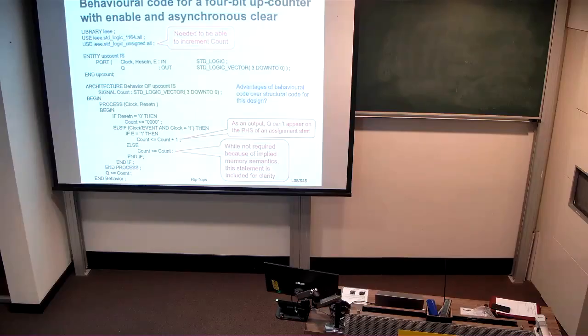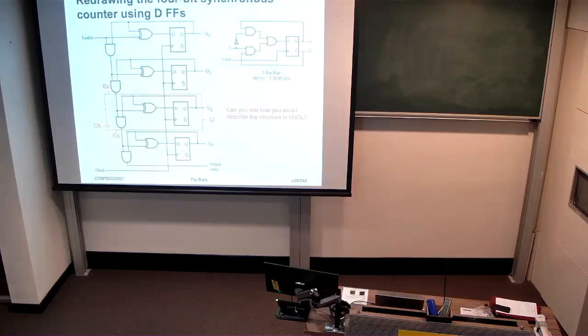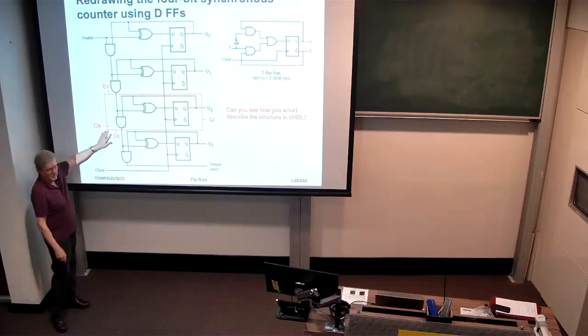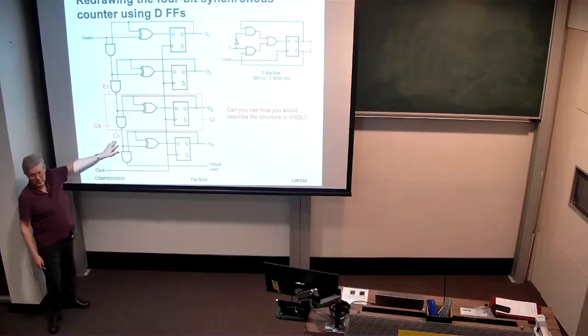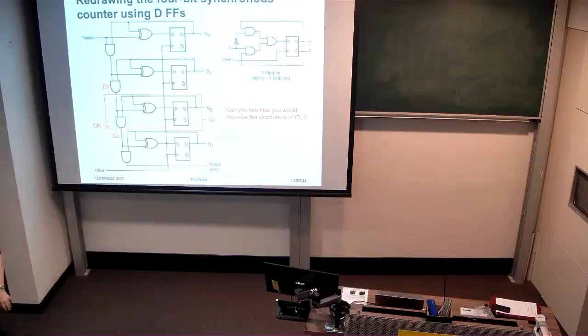In that case, what are the advantages of the behavioral code over the structural code for this design? The structural code would replicate this component 4 times and wire it up properly, right?